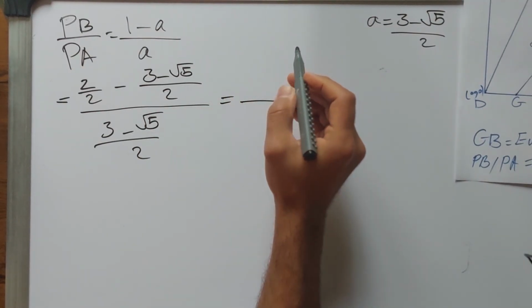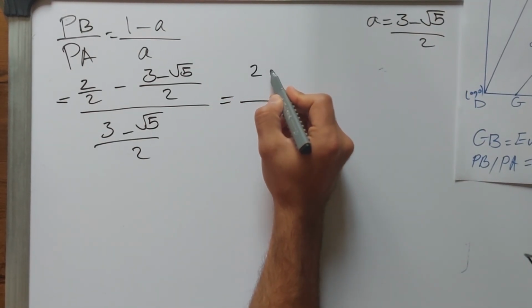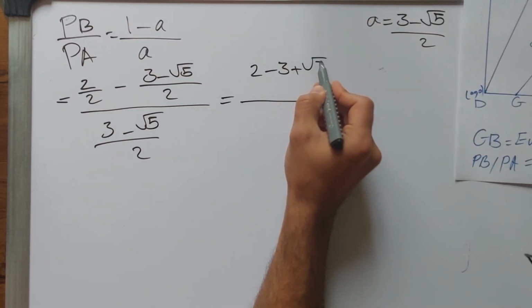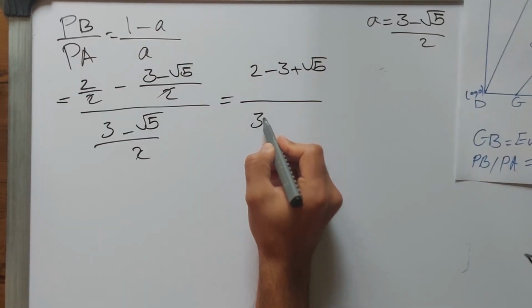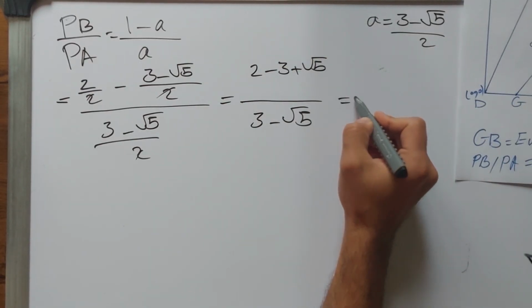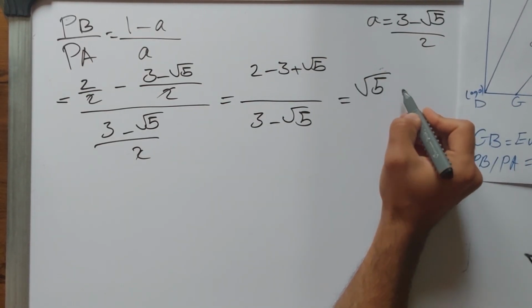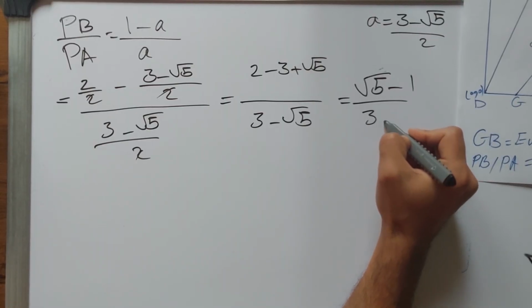So this whole fraction becomes 2 minus 3 plus square root of 5. Then we can cancel the 2's out, and then 3 minus square root of 5. So in other words, square root of 5 minus 1 over 3 minus square root of 5.